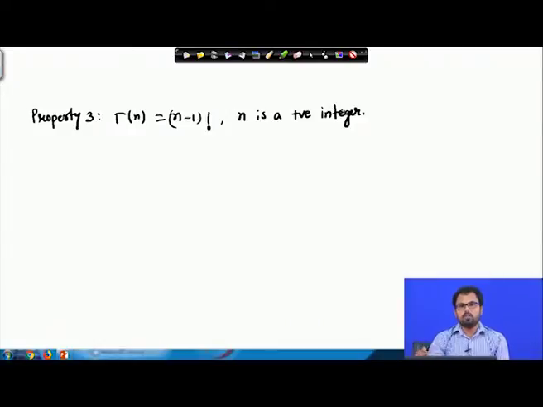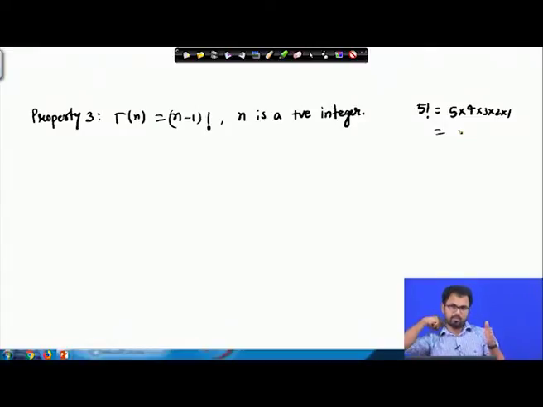You know what a factorial means. For example, factorial of 5 is 5 times 4 times 3 times 2 times 1. So, that is what we mean by factorial. You multiply the number and then its previous number 1 by 1, and that will give you the factorial of that particular number. So, here in this case we say that gamma n equals n minus 1 factorial.